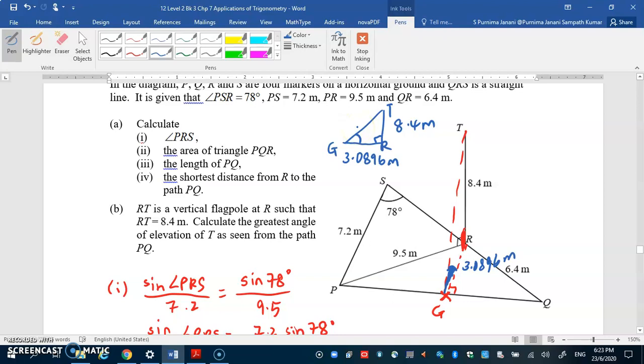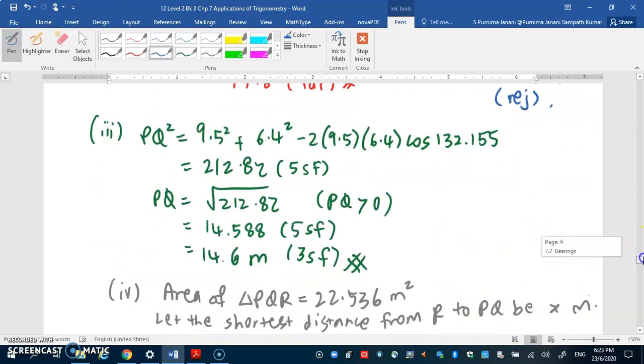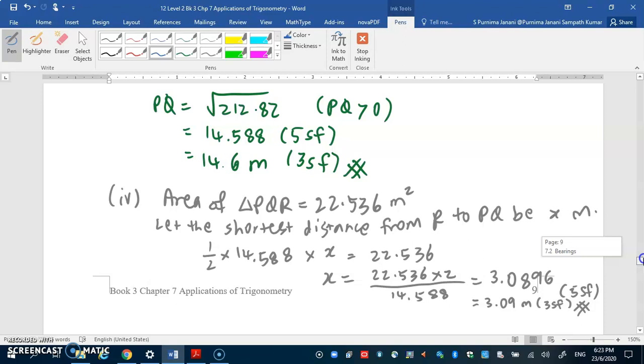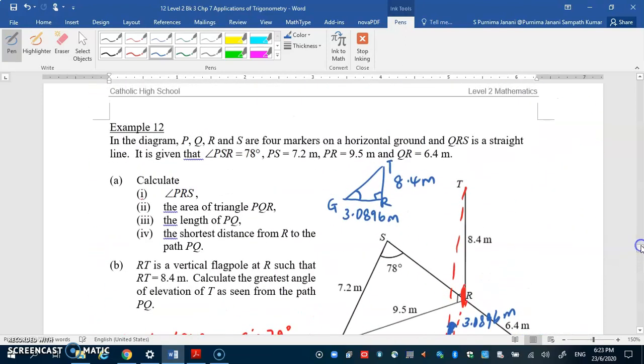Okay, so let me just define G for you because I haven't defined G yet. So let me define G. Let G be a point on PQ such that PQ is perpendicular to RG, right?